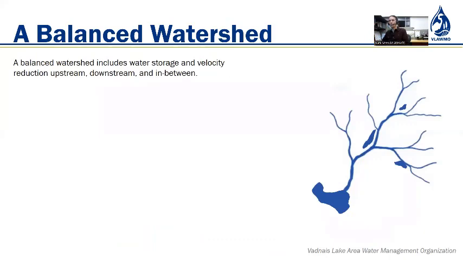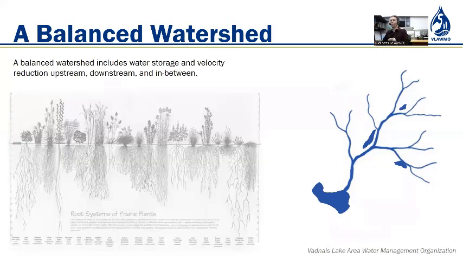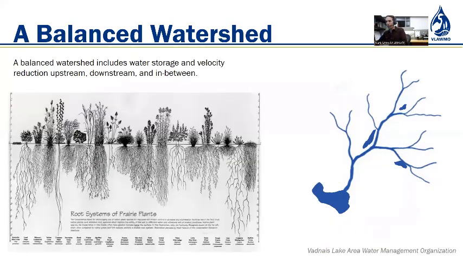Okay, so we have a diagram of a watershed from the small streams working their way into the big streams. And like in the beginning with native plant communities, we are trying to establish more spaces with native plants because of their root structures.